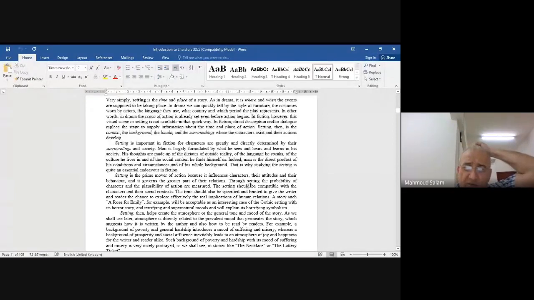Through setting, the probability of character and the plausibility of action are measured. For example, when you understand the time and the place, you will understand how this character is possible, how this action is possible or probable, that is, it can happen, is realistic, is acceptable. So this is the question of probability and acceptability and plausibility, and all this is related in many ways to the time and place.